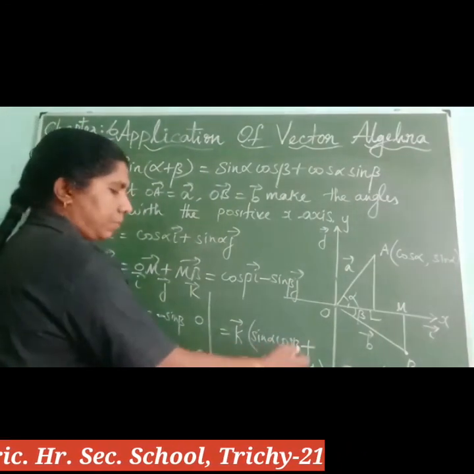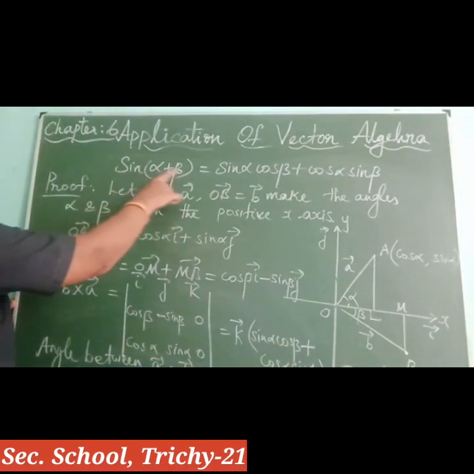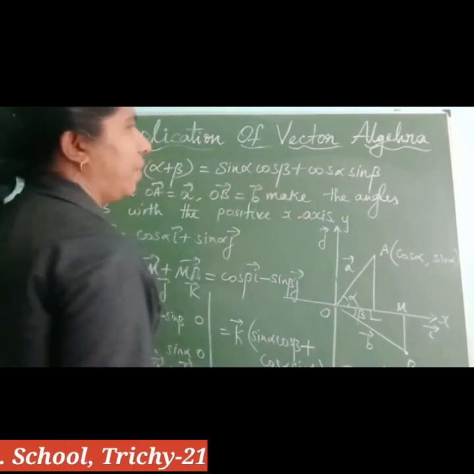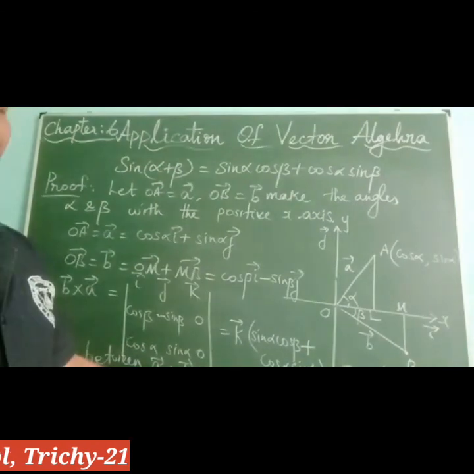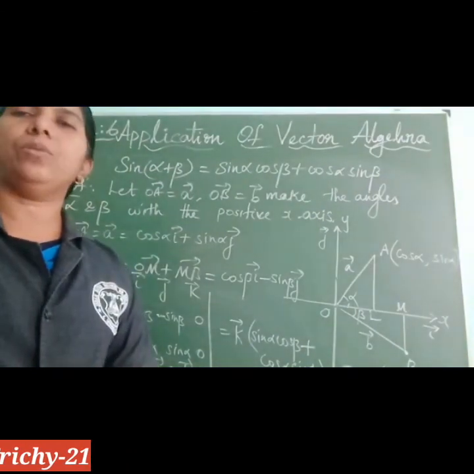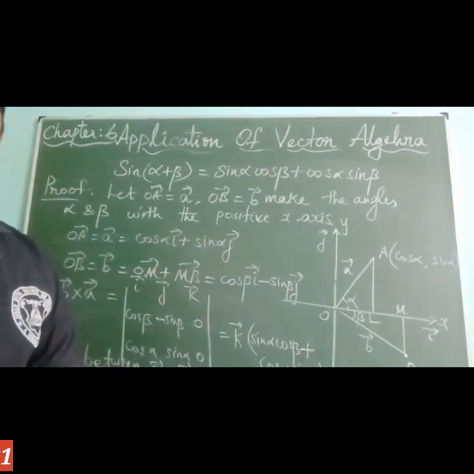When we compare 1 and 2, we get the result sin(alpha plus beta) equal to sin alpha cos beta plus cos alpha sin beta. Likewise, we can derive the two trigonometric identities by using the dot product and the cross product. Thank you, children.